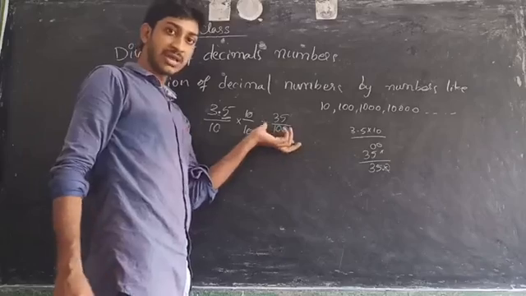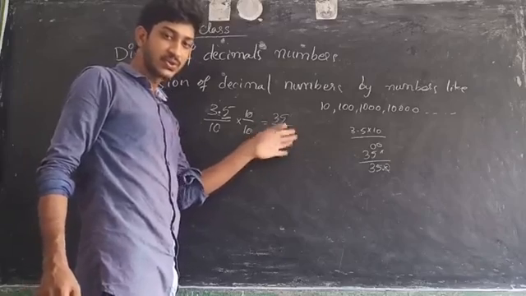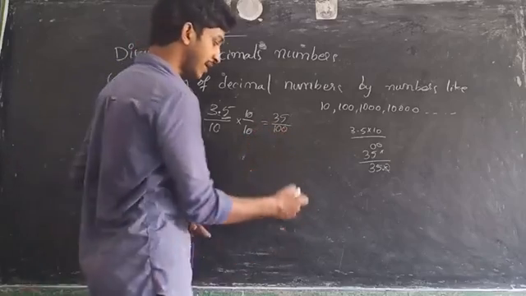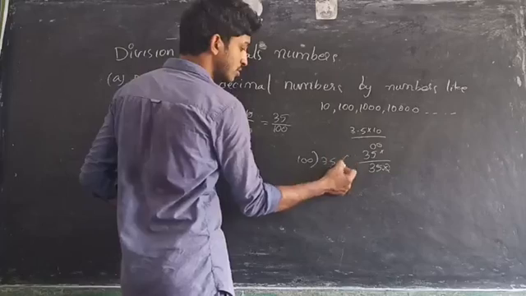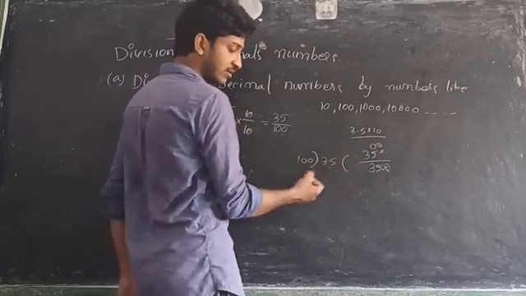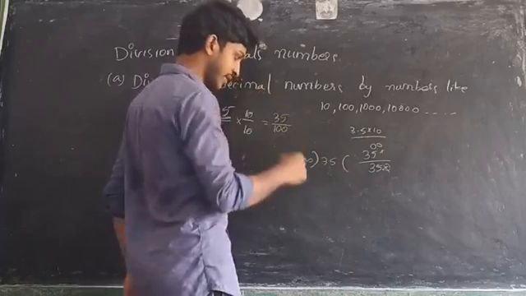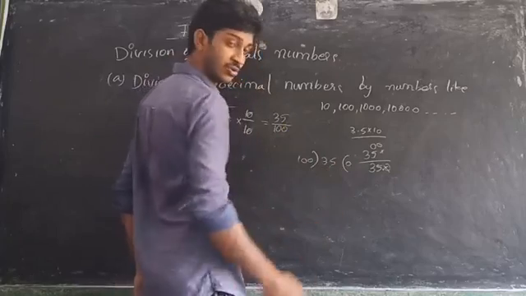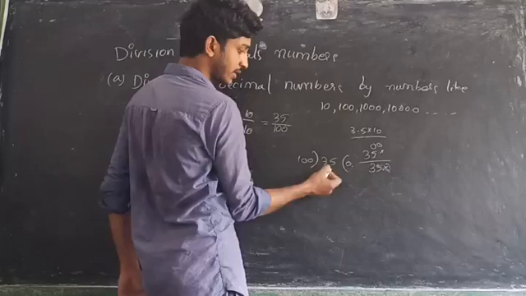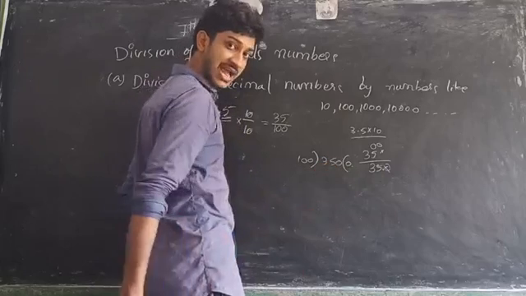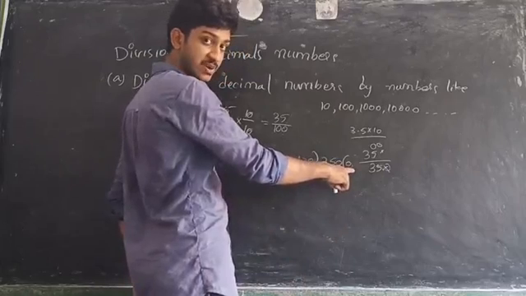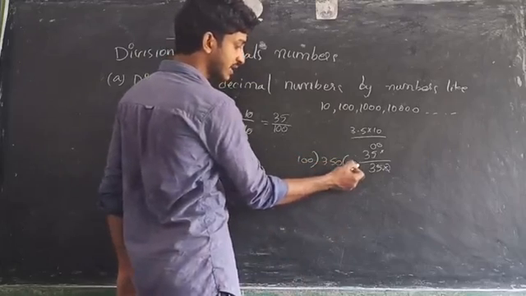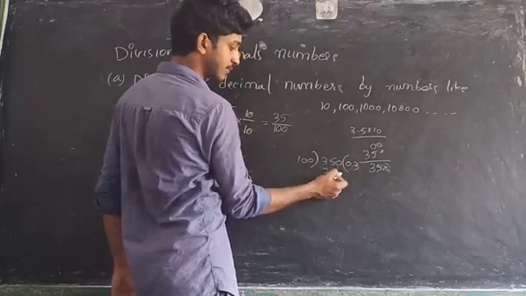Now convert this 35 by 100 into a decimal number. How can we convert? By dividing. 100 into 35: 100 is greater than 35, so it is not divisible. So we put a decimal point here and add 0. So how many times? 3 times, 300.